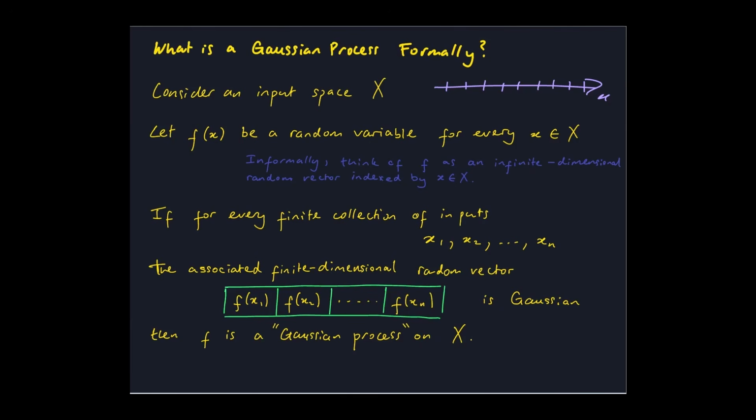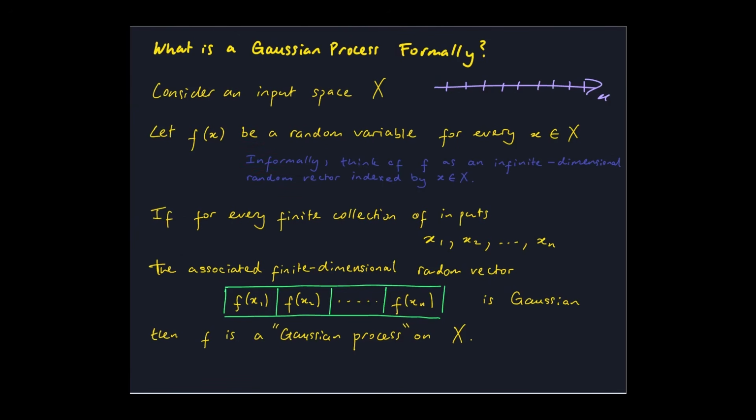You can think about the function f, indexed by its argument x, as being the continuous generalization of a random vector, where x is the index of which coordinate you are on in the vector. But that's just an informal thought.